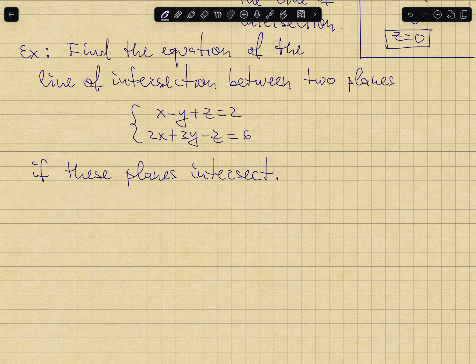And so let's call these planes P1 and P2. So from the equation of the plane, as we discussed previously, P1 is perpendicular to a vector with components that are factors in front of x, y, and z. So it's perpendicular to 1, minus 1, 1.